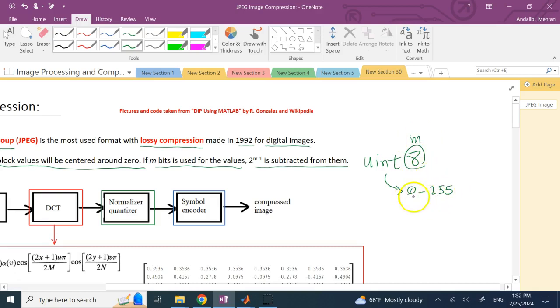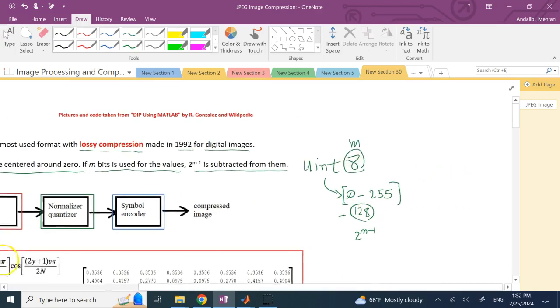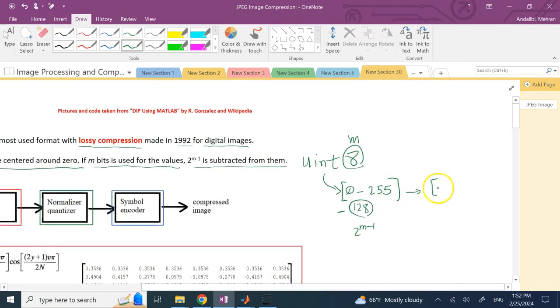If that's the case, you see the numbers are basically around 128. This is the average of the data, which is 2^(m-1). So if I subtract 128 from this entire range, you're going to get from negative 128 to positive 127.